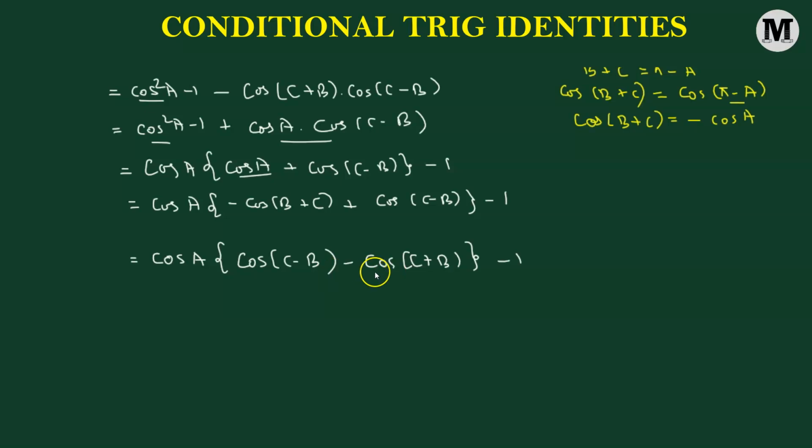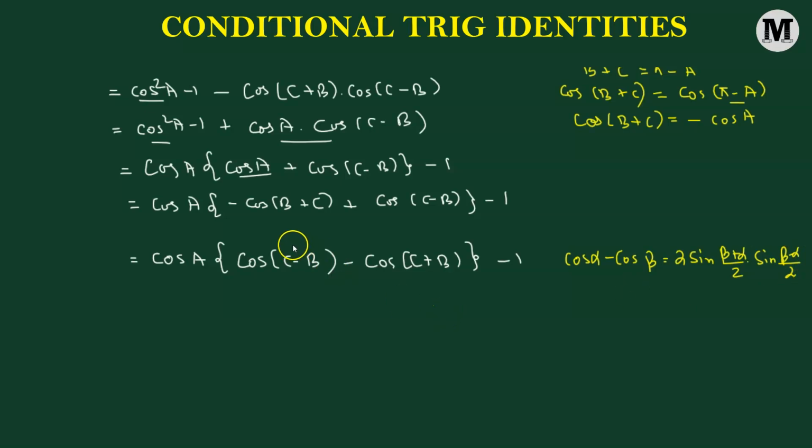Now what we have is the difference of two cosine functions. Whenever we have the difference of two cosine functions, for instance cosine of alpha minus cosine of beta, then this transforms to give us 2 times the product of sine of beta plus alpha over 2 multiplied to sine of beta minus alpha over 2.